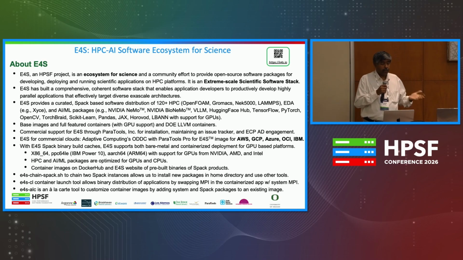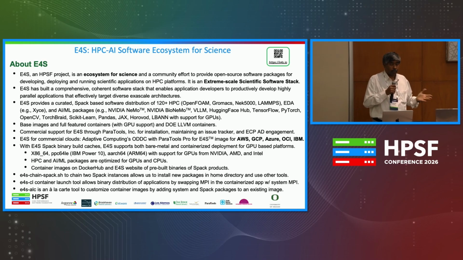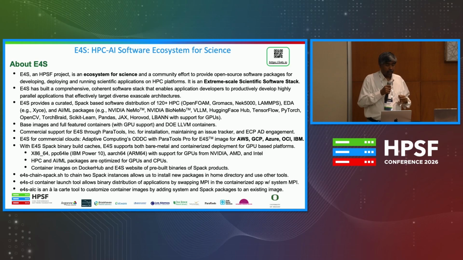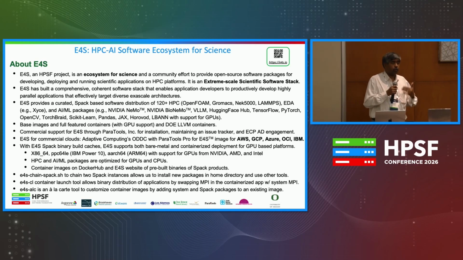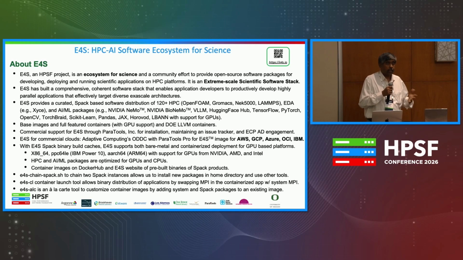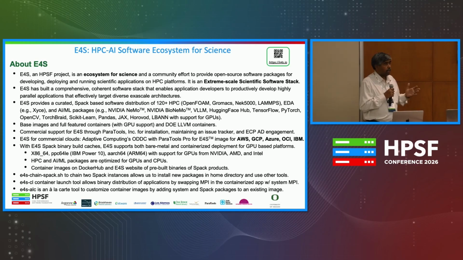So first of all, what is E4S? E4S is an HPC AI software ecosystem for science. And it's an effort to provide open source HPC and AI packages in a form that lowers the barriers for entry into this area. We have containers.